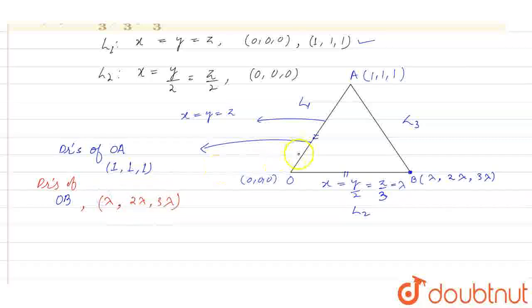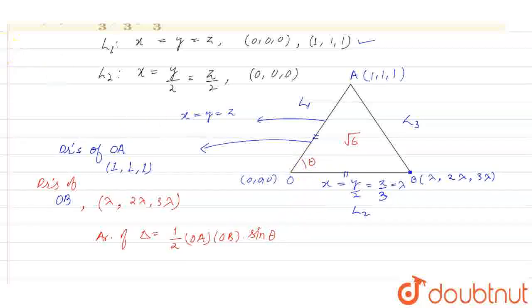Now the area is given as √6 units. As we know, the area of the triangle is equal to 1/2 times OA times OB times sine of theta, where theta is this angle.